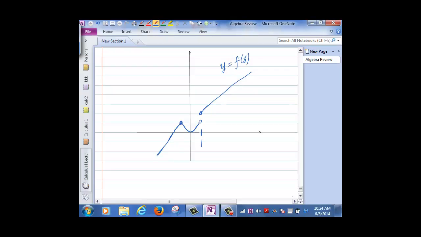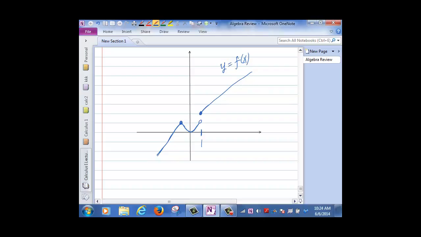Now, when I have a situation like this guy here, notice that if I look at the right-hand limit of the function at 1, it exists, right? And it is equal to the value of the function at 1, right? So in this case, we say that this function is continuous from the right at 1.